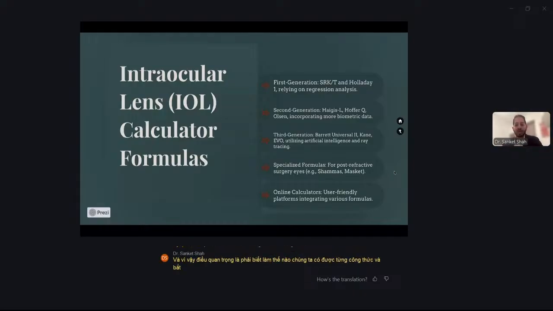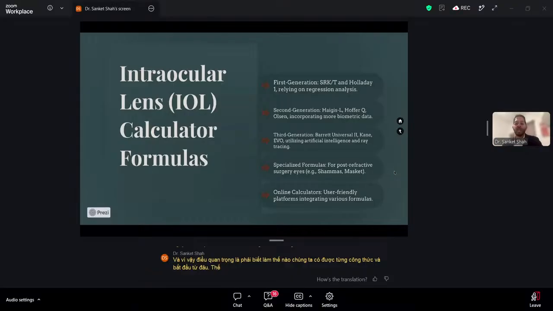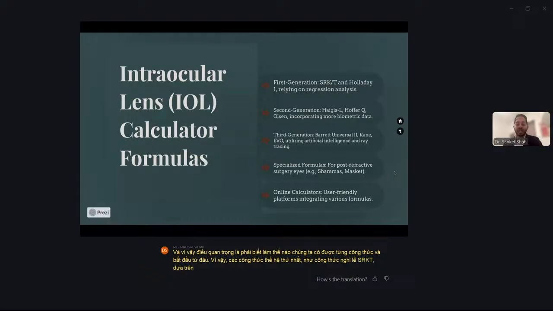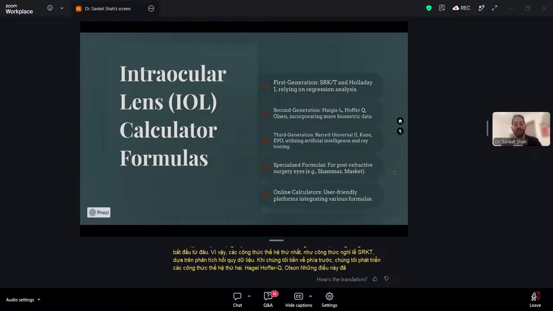So the first generation formulas, the SRK/T, Holladay 1, rely on a regression analysis of data. As we moved forward, we developed second generation formulas, the Haigis, the Hoffer Q, the Olsen. These incorporated more biometric data and serve very well for many lens calculations.